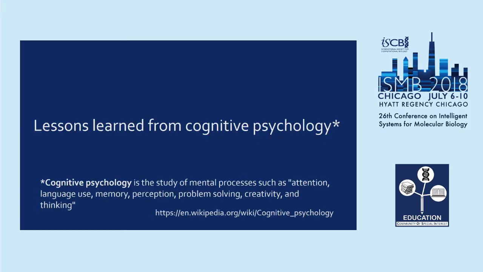Okay, with these premises, now I would like to move to the second part of my talk and talk a bit about the lessons learned from cognitive psychology. Cognitive psychology, in a very simple way, can be defined as the study of mental processes.